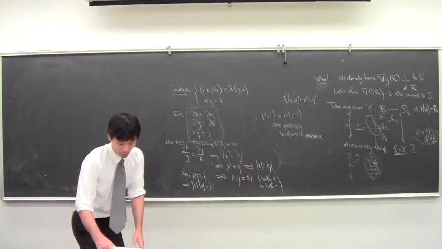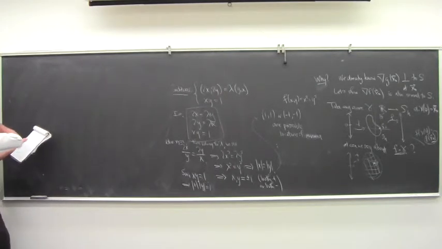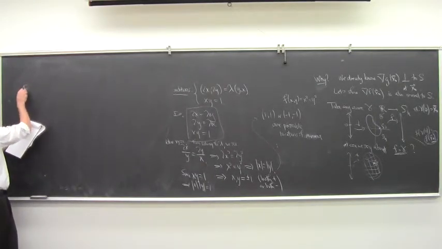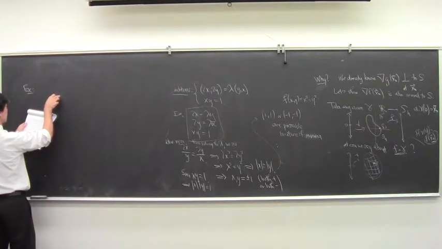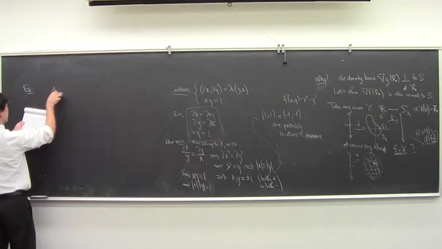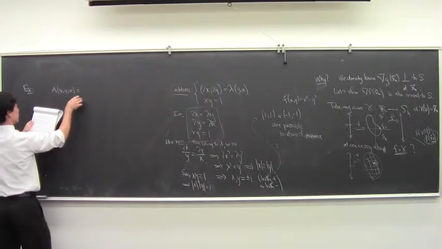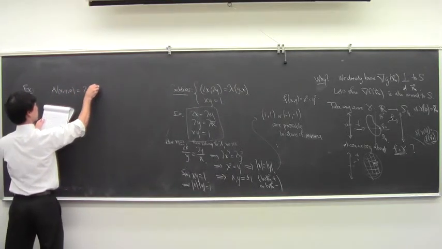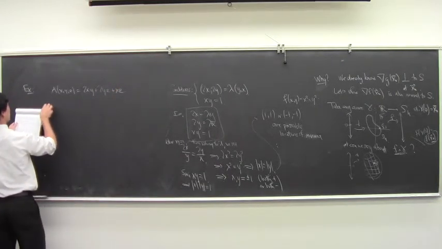Let me do another one. I was planning to do this one first, but let's see. So here is one, sort of the opposite of what we were doing before. A of xyz is 2xy plus 2yz plus xz.